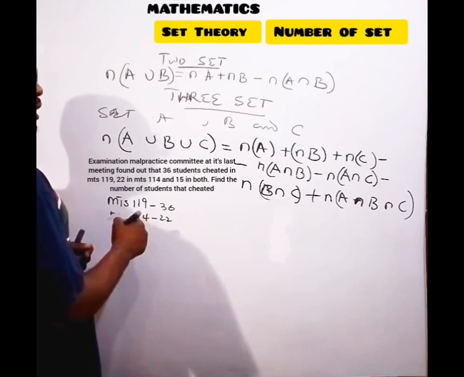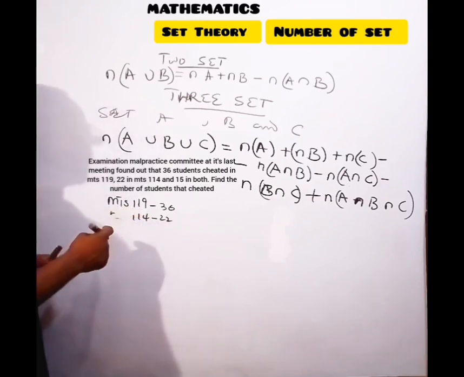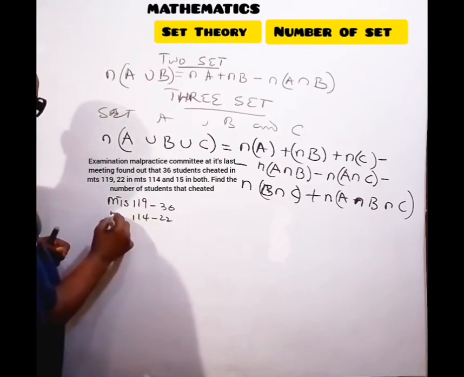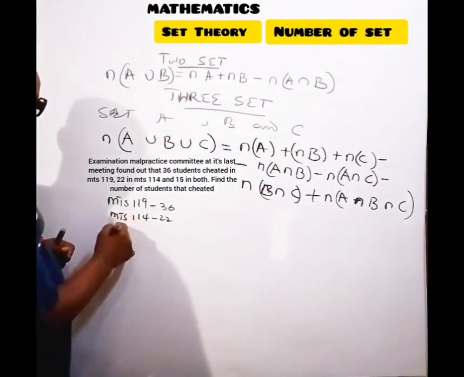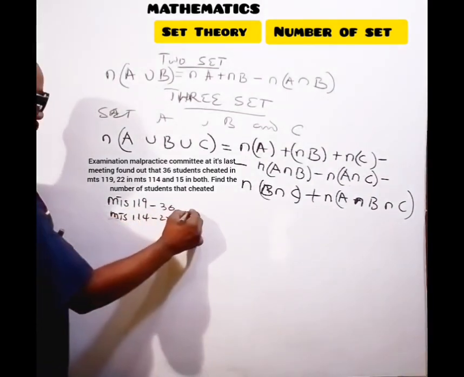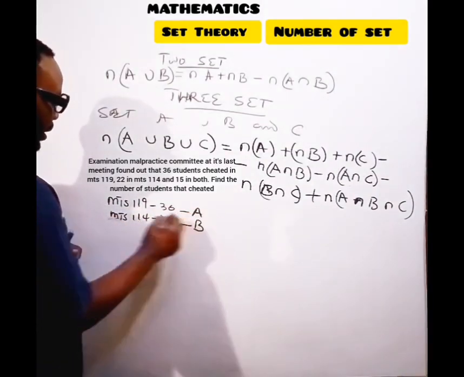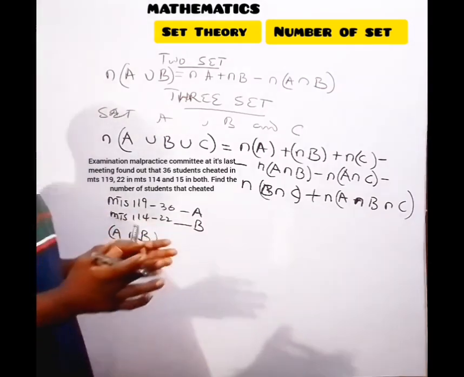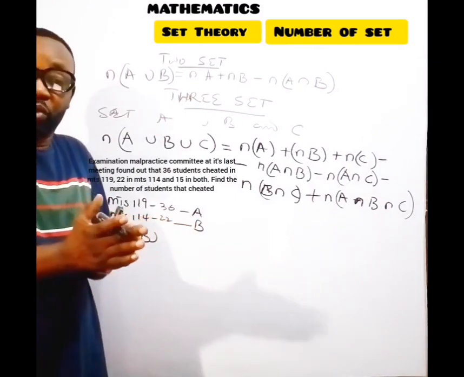Find the number of students that cheated. I call this A, I call this B. In both is A intersection B, what is common to the two of them.